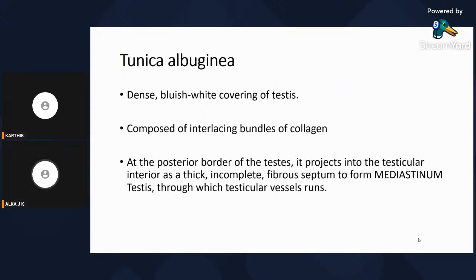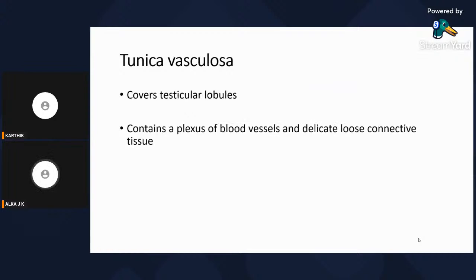Tunica albuginea is a dense bluish white covering of the testes, composed of interlacing bundles of collagen. At the posterior border of the testis it projects into the testicular interior as a thick, incomplete fibrous septum, known as the mediastinum testis, through which testicular vessels run.